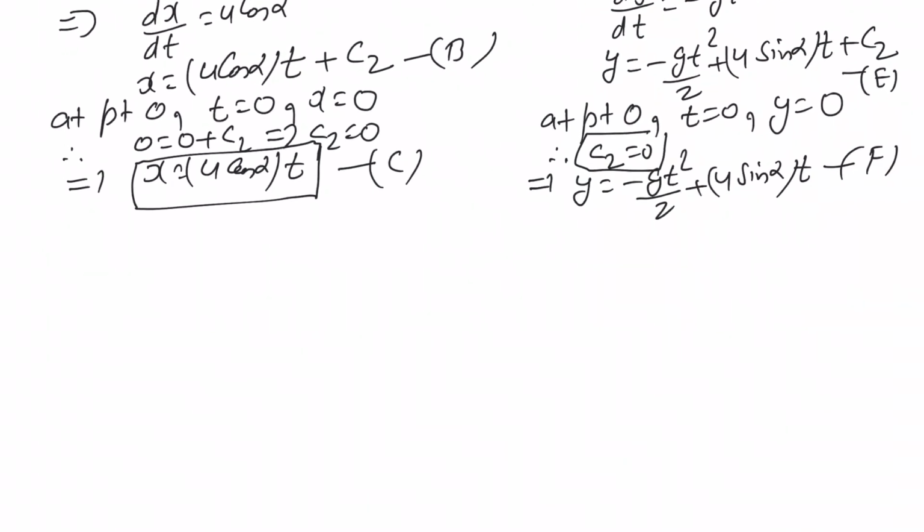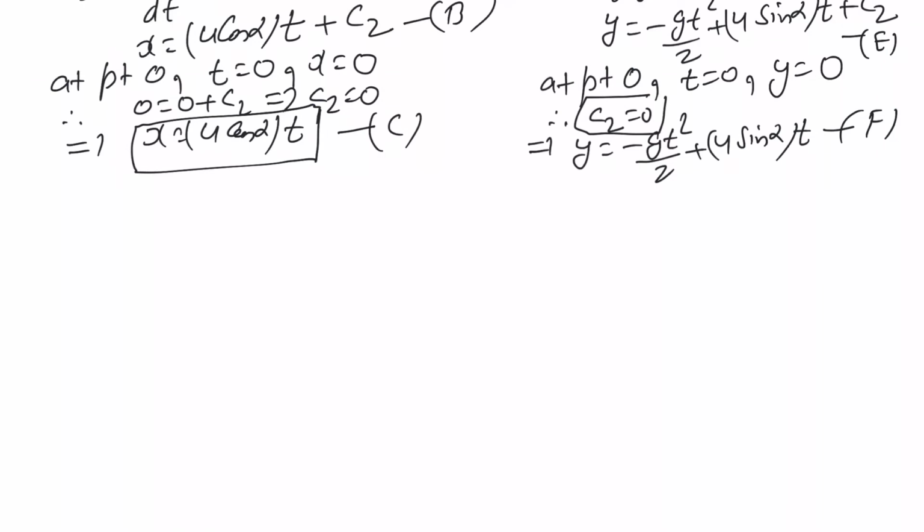Now from equations C and F, we have x is equal to u cos alpha t, y is equal to minus gt²/2 plus u sin alpha t.